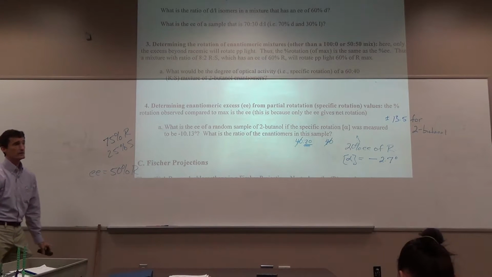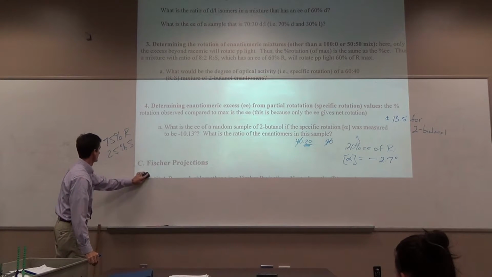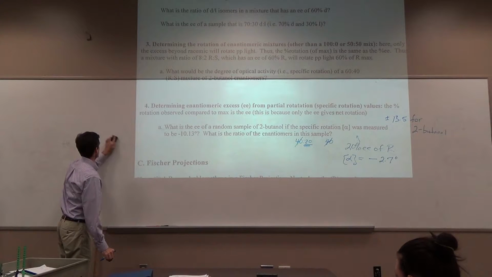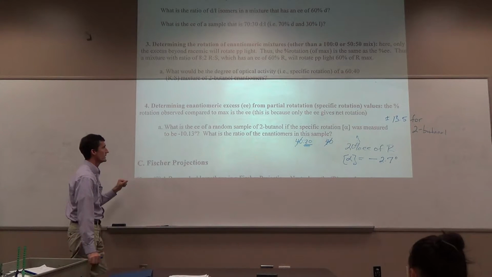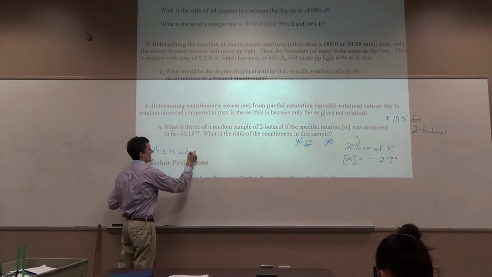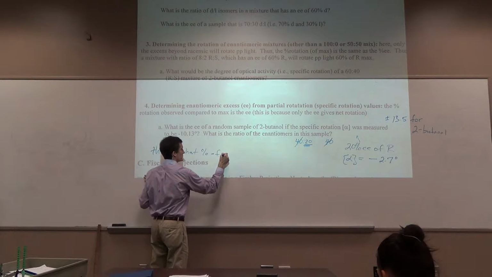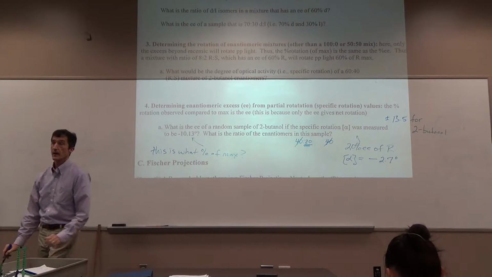How do we do this? You have to divide negative 10.13 by 13.5 to determine your EE of R. We need to know this is what percent of max. What is max?